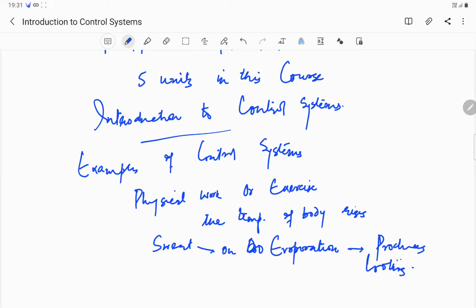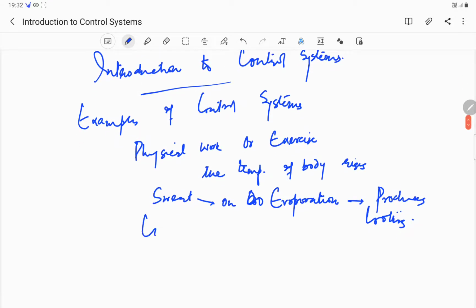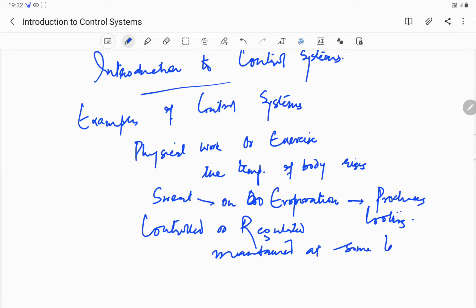So this is a natural control system. After doing an exercise, the temperature rises, and in response the body produces sweat, which on evaporation results in cooling, and hence the body temperature is controlled or regulated. Or we can say that the temperature is maintained at some temperature. So this is our example 1.